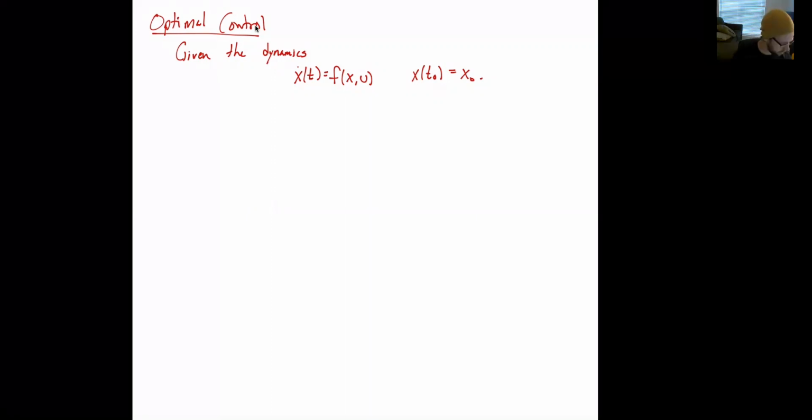All right. So the basic problem is, again, given the dynamics, these are nonlinear dynamics. It could be linearized. This is just the most general form, where we have x dot is equal to f, the dynamics of our system, which is a function of our state and some input value.